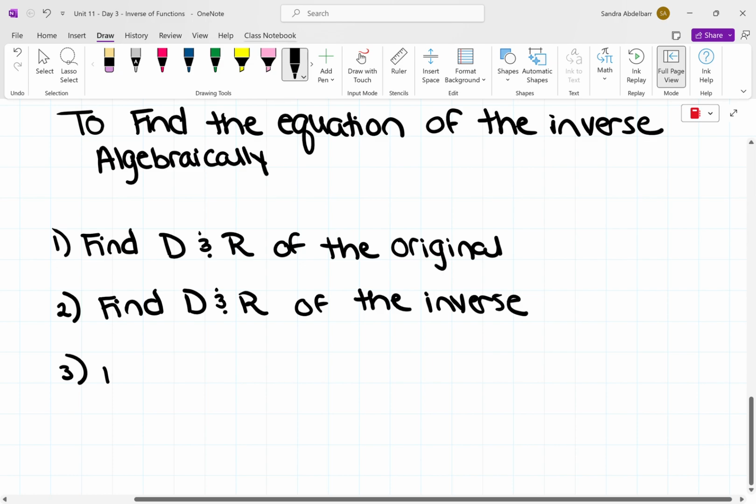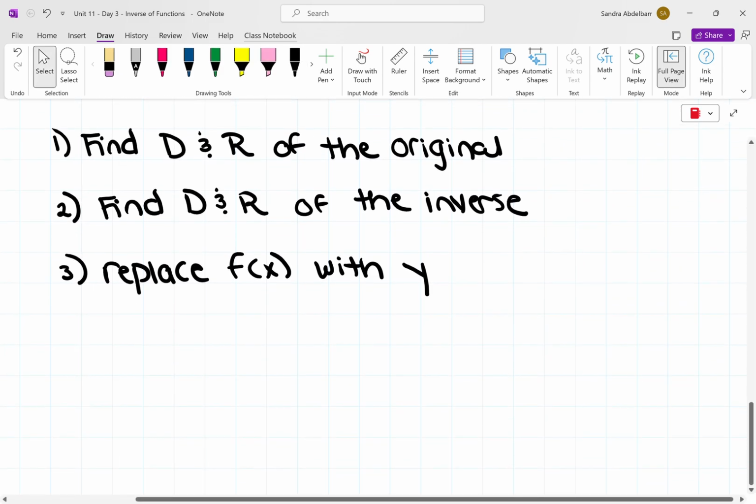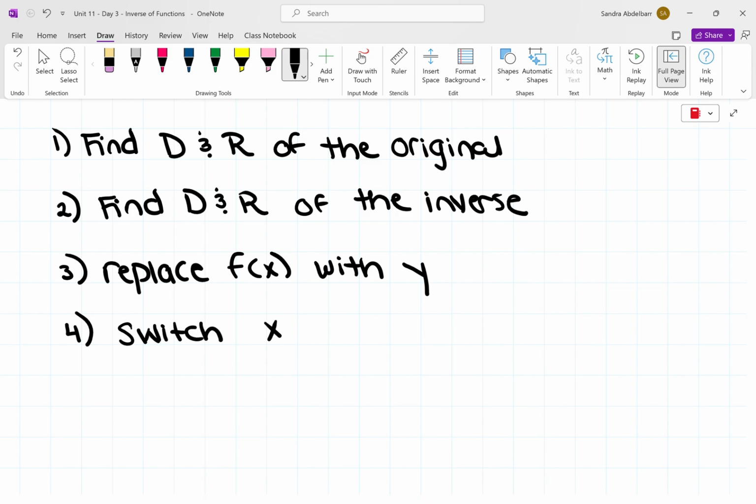Third step, we're going to replace f of x with y. Then you're going to switch x and y.